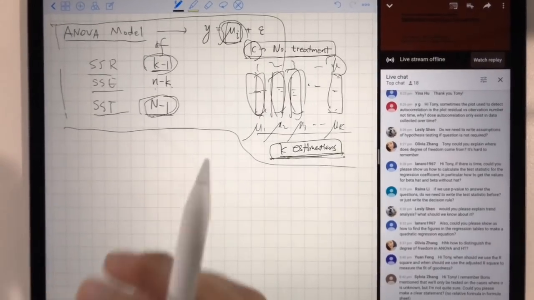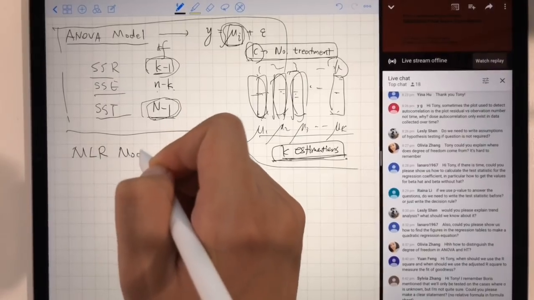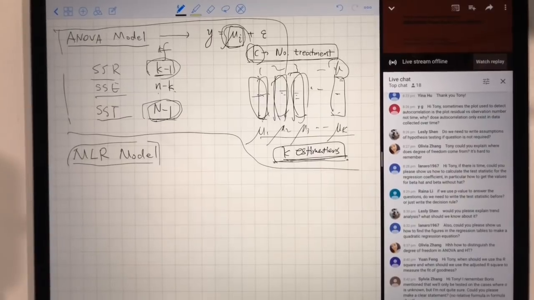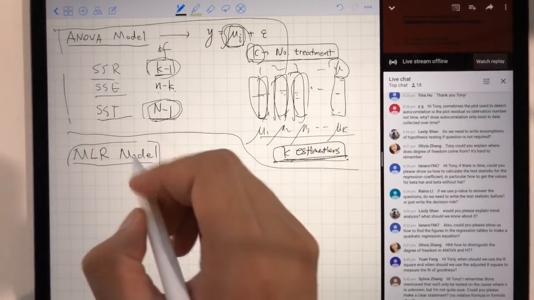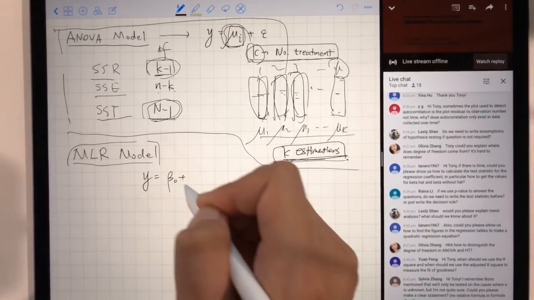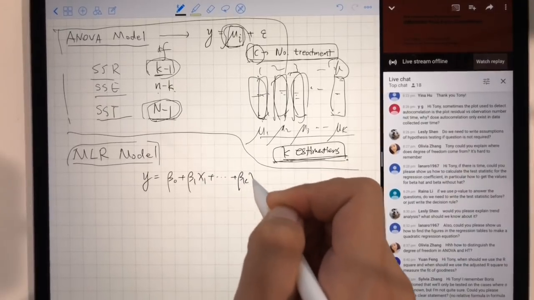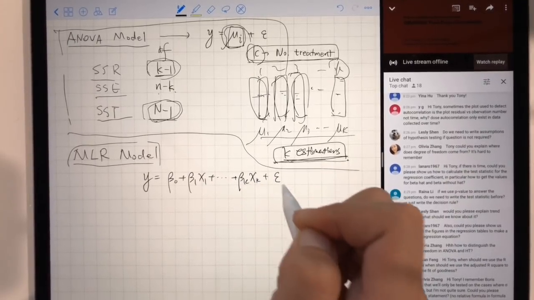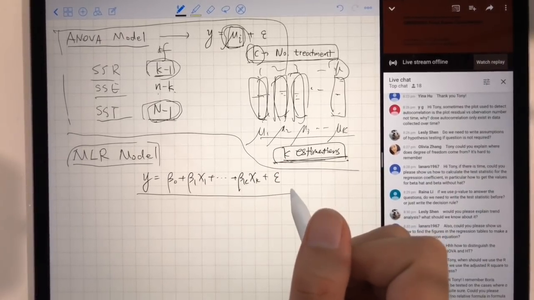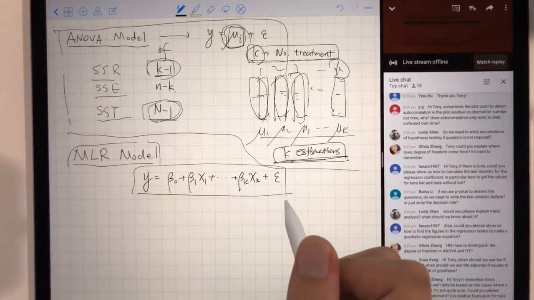Now, if we are thinking about the multiple linear regression model, let's look at the degrees of freedom. In the multiple linear regression model, it's y equals beta 0 plus beta 1 x1 plus and so on, plus beta k xk plus epsilon. If we want to make an estimation on this model, how many parameters do we need to estimate?